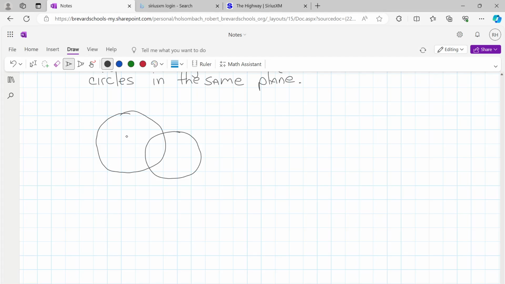So before we draw these common tangents, let's just draw one circle. If you don't have a straight edge, sometimes this is hard, but all we're trying to do is draw a line that just touches the circle. And where the line touches the circle is our point of tangency.